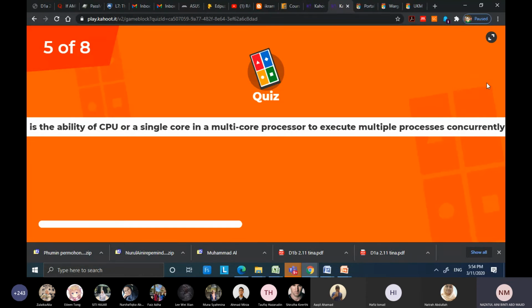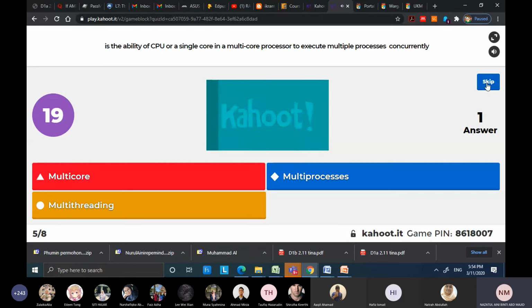Is the ability of a CPU or a single core in a multi-core processor to execute multiple processes concurrently? The red one multi-core, the yellow one multi-threading, the blue one processor.